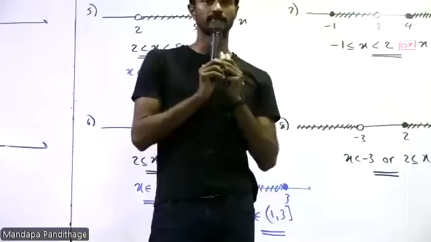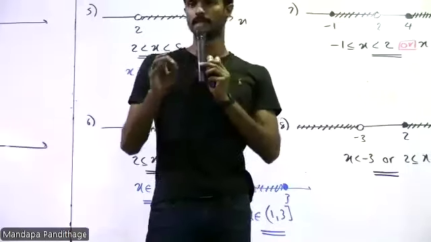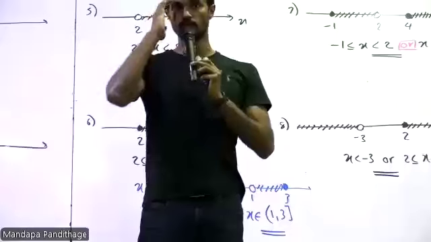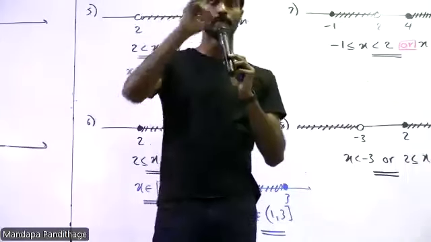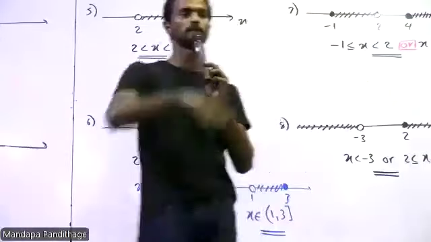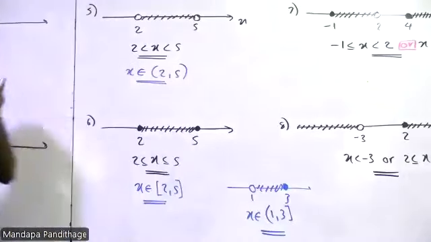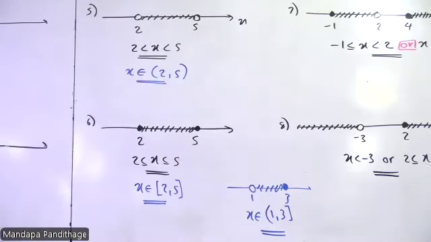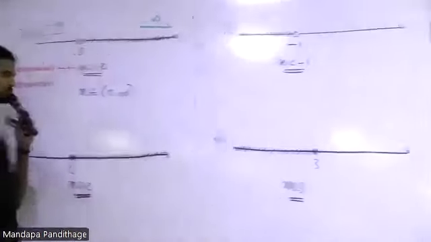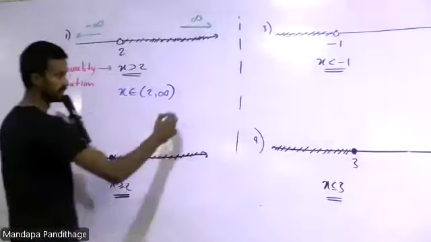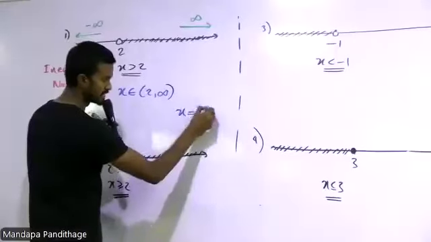So keep in mind, infinity is not a number. It's a concept we use for a huge value. So x or any number can't be equal to infinity. When we have infinity, we use a normal bracket. We don't use square brackets with infinity because we don't get the instance where x is equal to infinity.